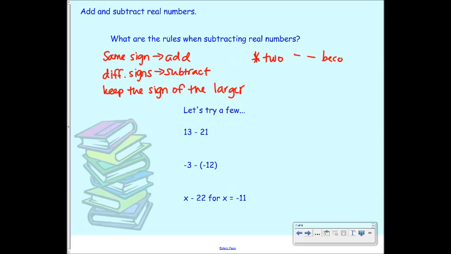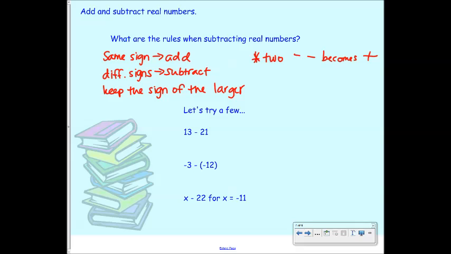Okay, so here, 13 minus 21. Is 13 positive or negative? Positive. Is 21 positive or negative? Again, the subtraction sign acts like a negative. They act exactly the same. So the 13 is positive. We can consider the 21 negative. So are the signs the same or different? Different signs. So what am I going to do? Add or subtract?